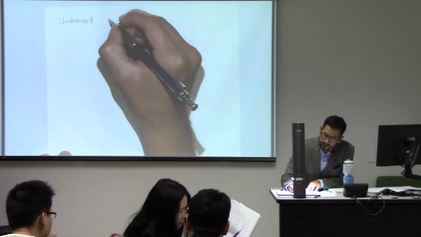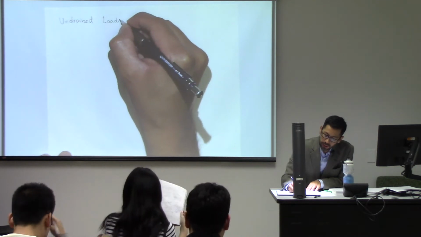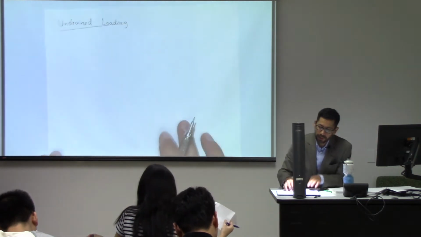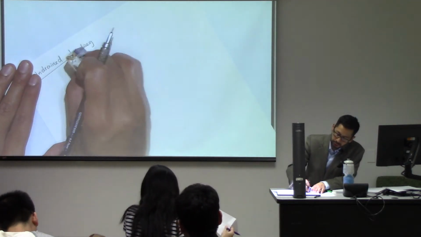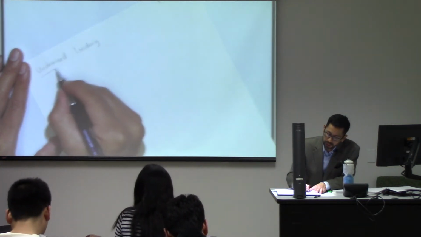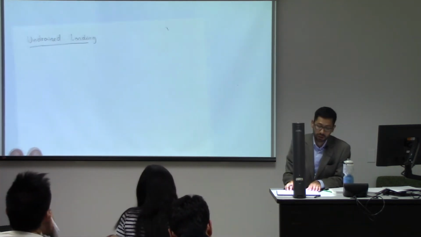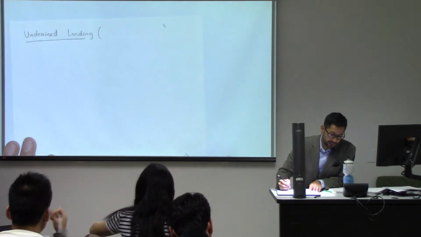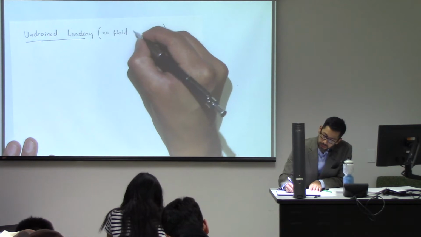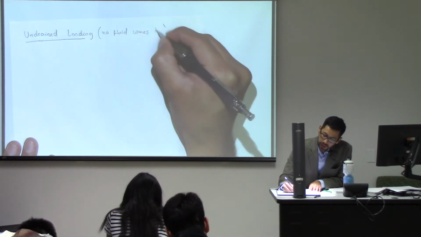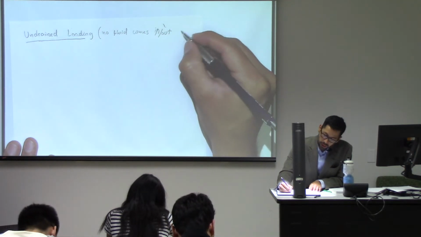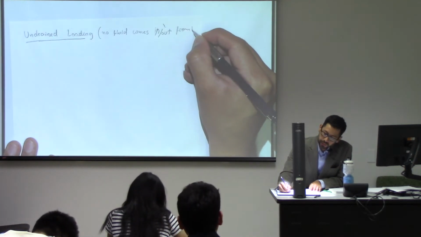With drained loading, we said that we allow the fluid to come out from the pore space so that there is no increment in pore pressure due to the deformation of the porous solid. With undrained loading, there is no fluid that comes in or out from the pore space.